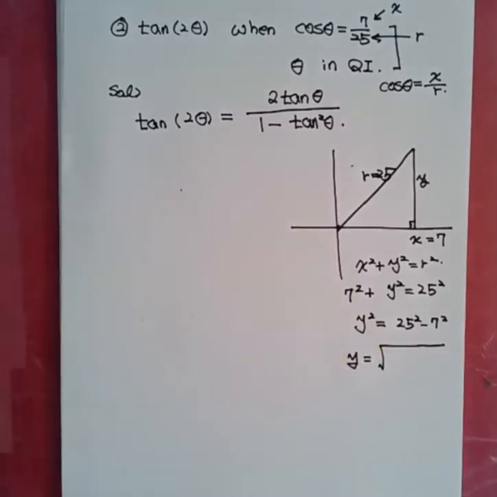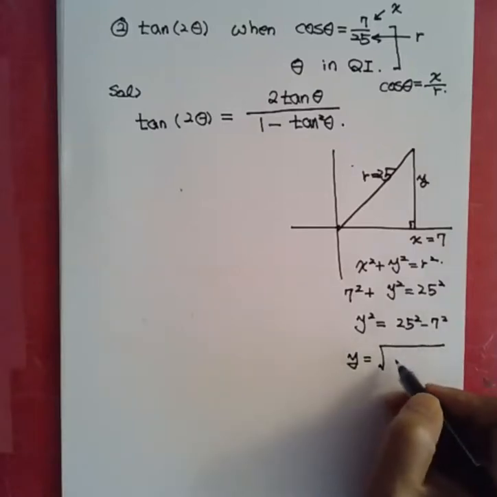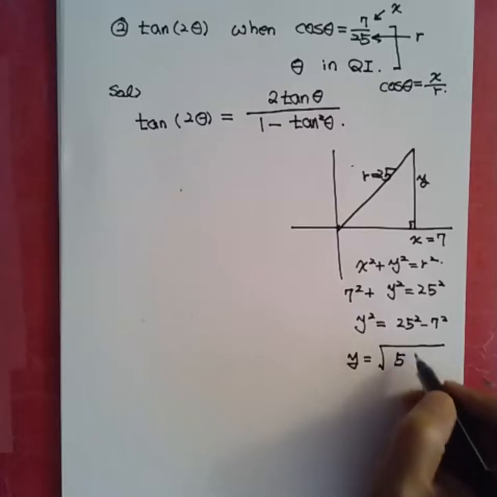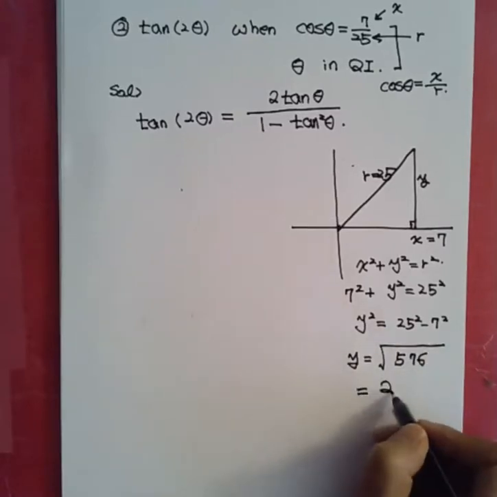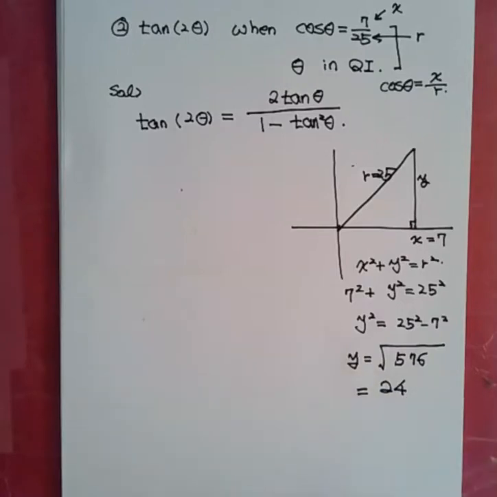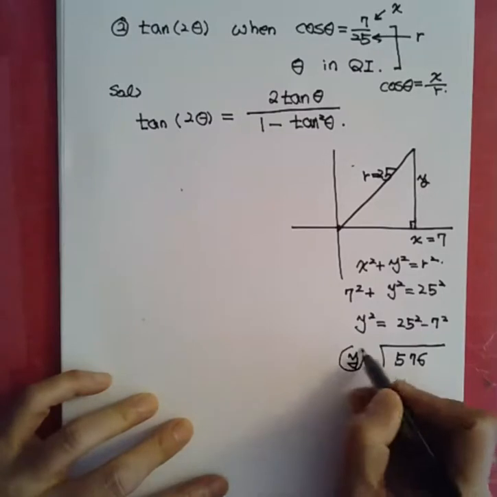We don't care whether that is minus or plus because we are thinking about length. Everything is positive. If you put that in your calculator, then 25 squared minus 7 squared is 576. If you take the square root, then it'll give you 24. So y is 24.